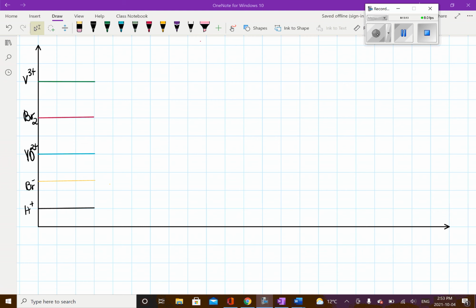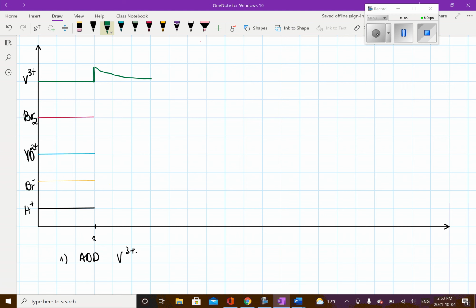So as the first change, what we will do is we will add V3 plus. By adding V3 plus, what you will notice is a rapid, immediate change on V3 plus, and then you will see that we reach the equilibrium.